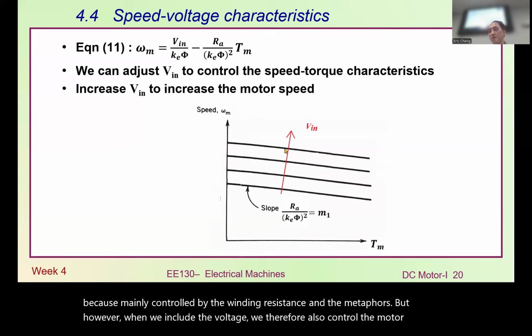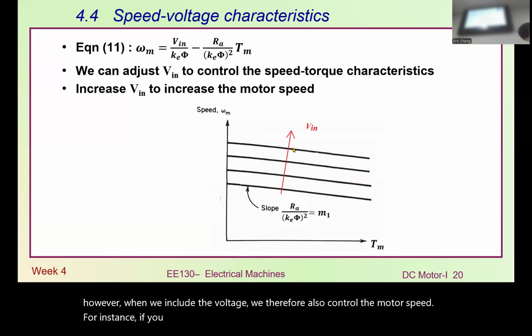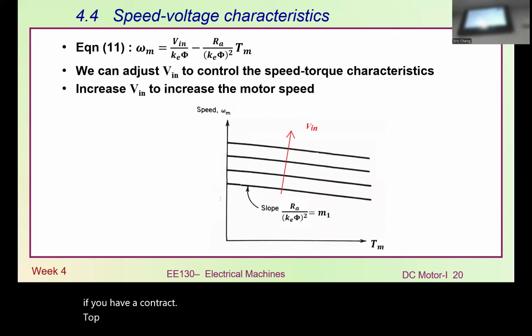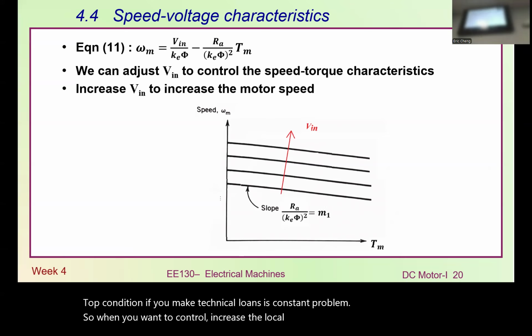For instance, if you have a constant torque condition, if your mechanical load is constant torque, that means you are operating along this curve. When you want to increase the motor speed, you set this voltage to get this motor speed.